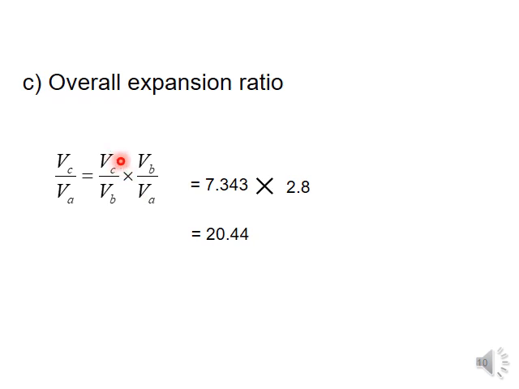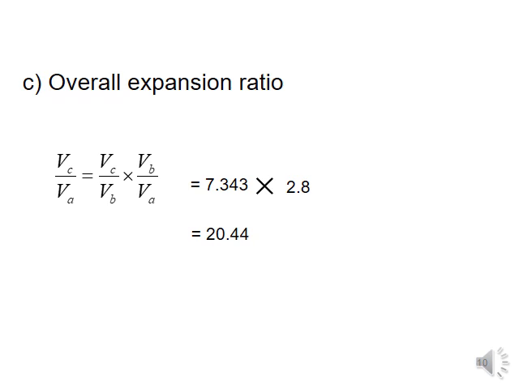That's why we multiply and divide with Vb. In the previous bit we calculated Vc by Vb as 7.34, and Vb by Va is 2.8 as given in the data. Multiplying both values, we get 20.44. The overall expansion ratio is 20.44.